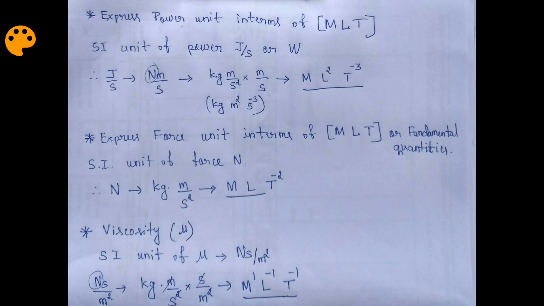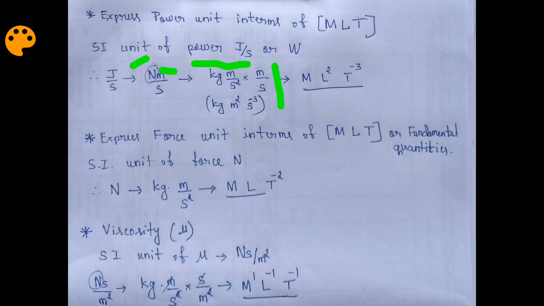The unit of force is Newton and distance traveled is meter. So it is Newton meter per second. Further, we simplify Newton and keep meter per second as it is. For Newton, I have written here kg meter per second square.